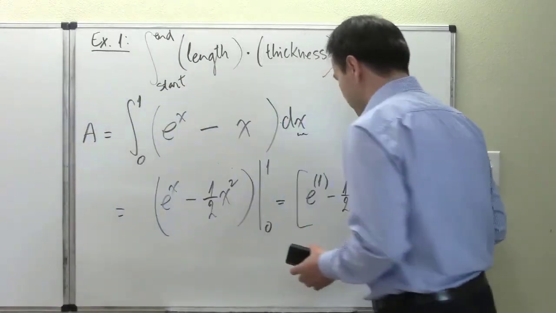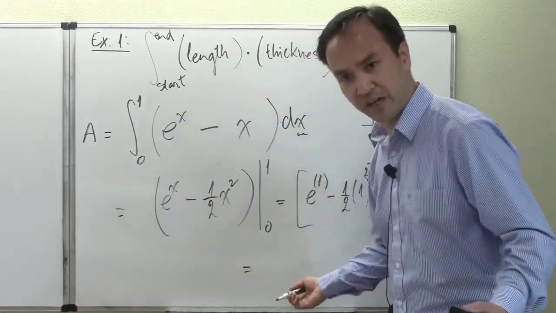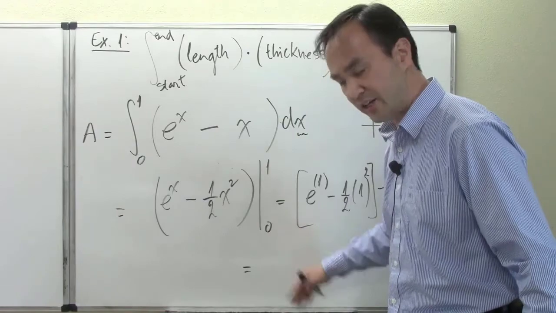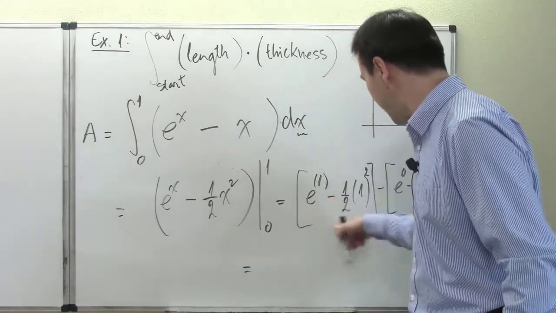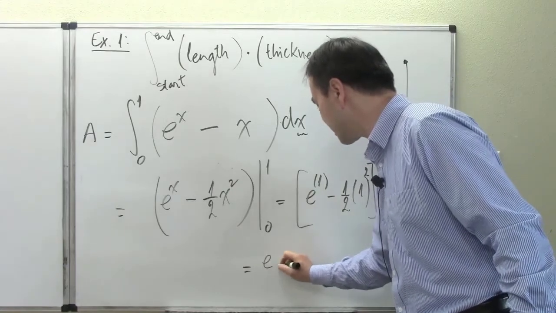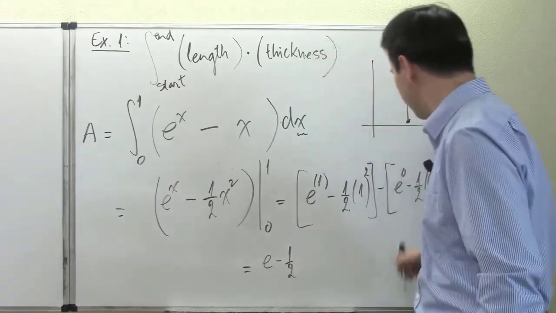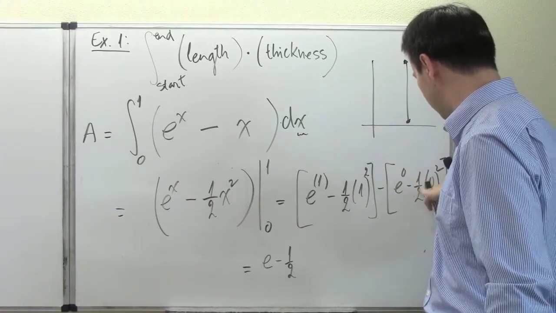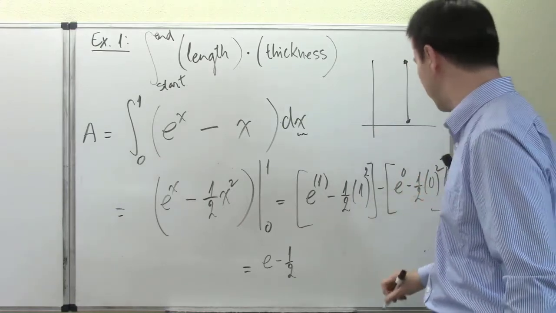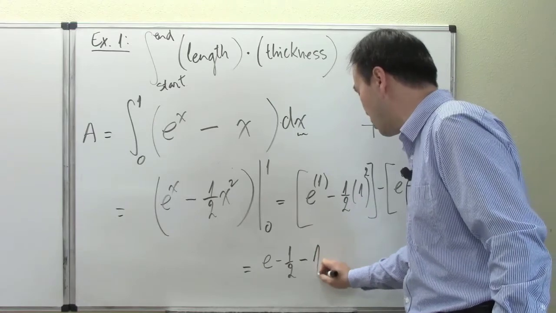Now in the next step, this problem is simple enough that I can follow along. All of that in the first pair of brackets is e minus 1/2. Then e to the 0 is a 1, and 1/2 times 0 squared is a 0. So really we're subtracting just a 1 right here.